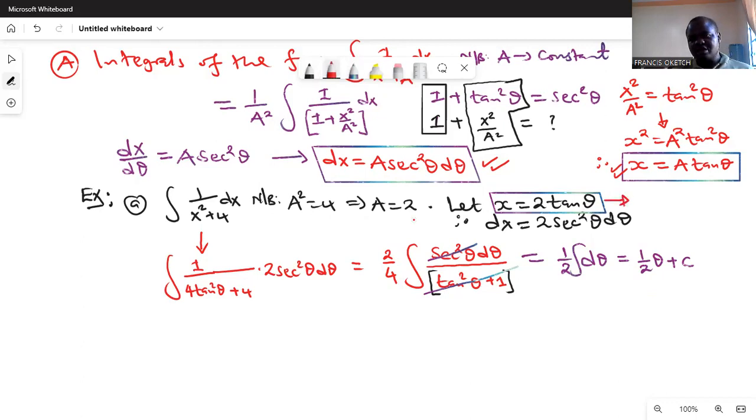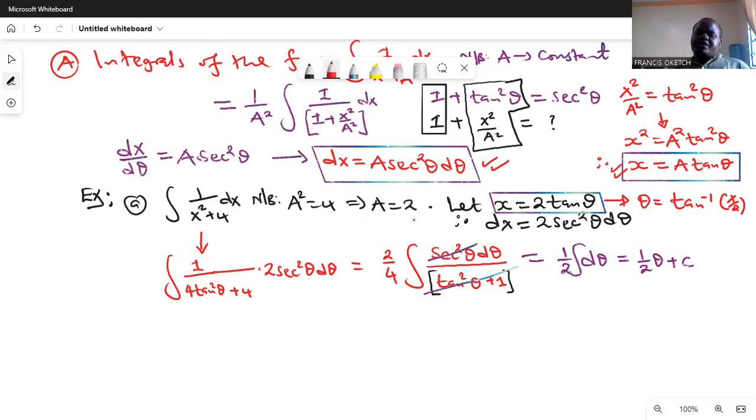It means, because I'm going to divide by 2, so that I have x over 2 is equal to tan theta. So to get theta, you take tan inverse on both sides. So theta is tan inverse of x over 2.